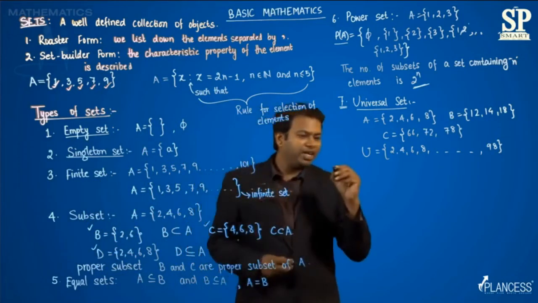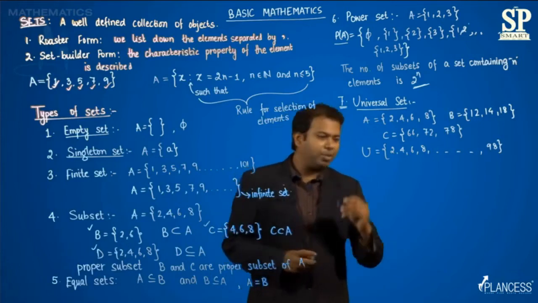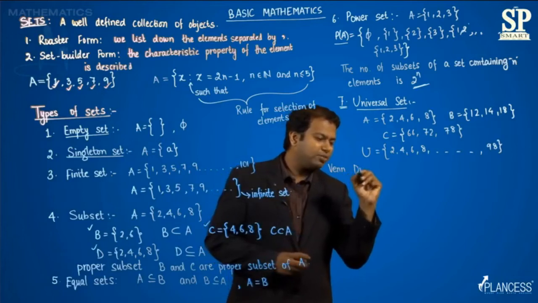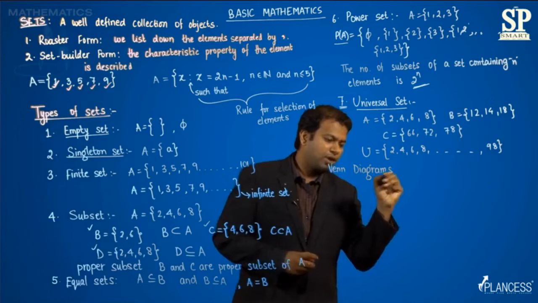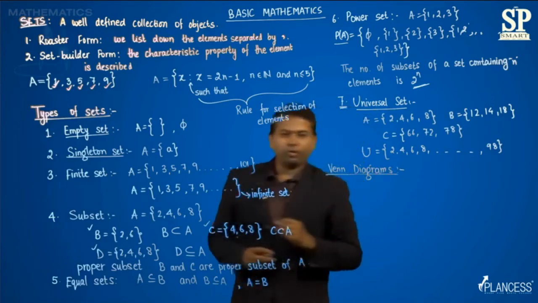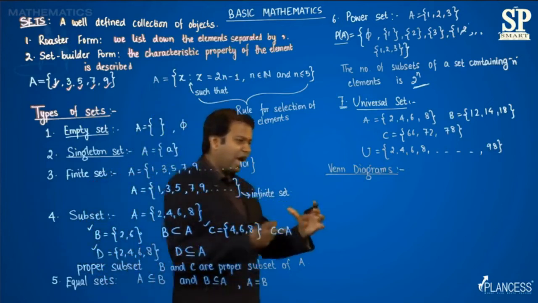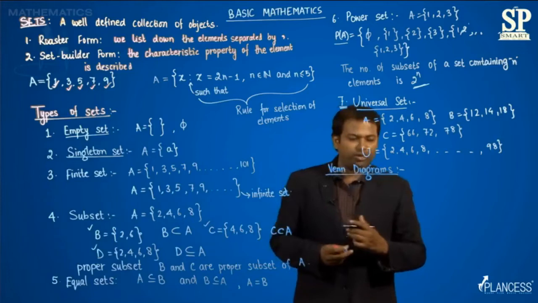Now let me discuss with you some of the operations, but before discussing the operations, let me give you an idea about Venn diagrams. So a Venn diagram is a pictorial representation of sets and the different operations that we have related to sets.